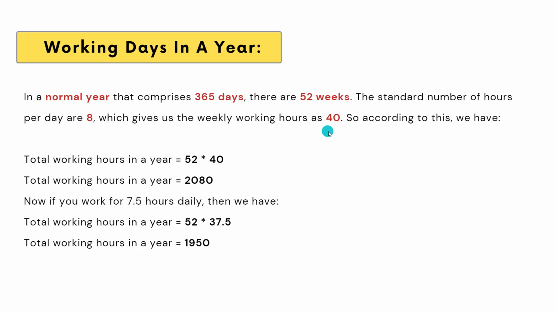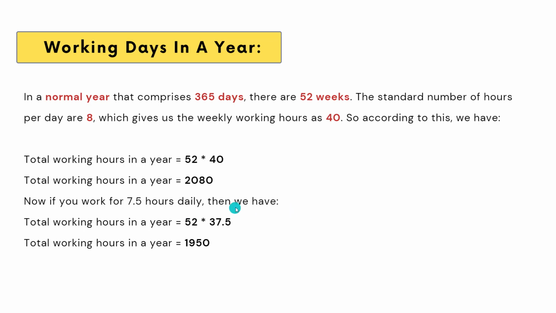So this is just for a week, right? We want it for 52 weeks, so we'll calculate it for 52 weeks, and the total working hours in a year is 2080. Now, if you work for 7.5 hours daily, for example, there are some employees who work 7.5 hours.